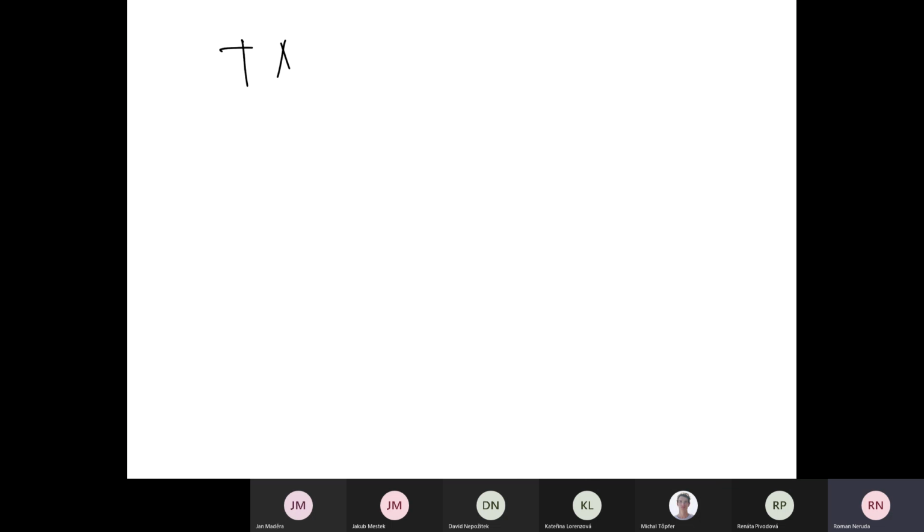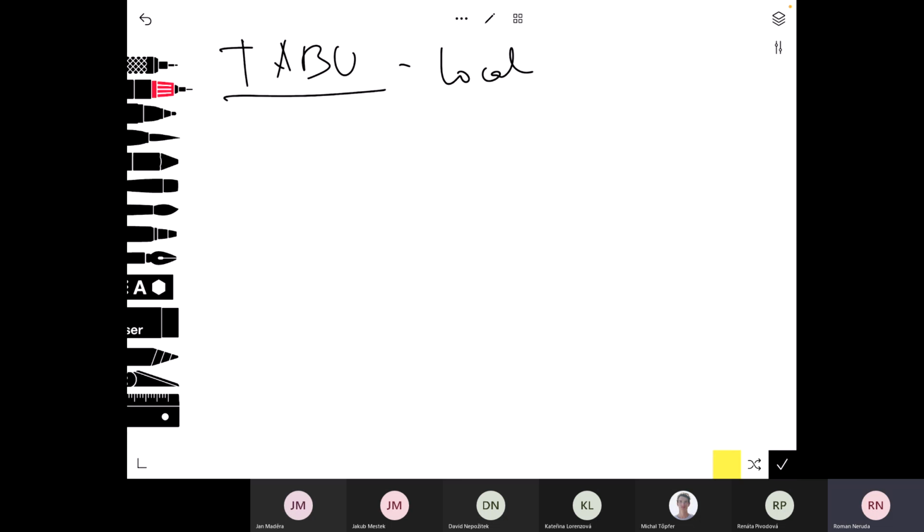So Tabu is a local search, and the idea is that we have a set of visited positions, usually represented as set of visited moves or actions, and we are trying to avoid this.